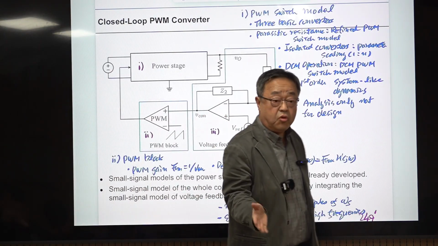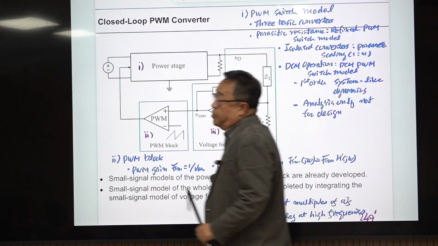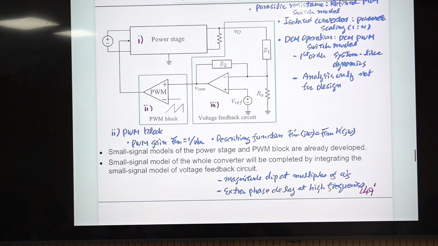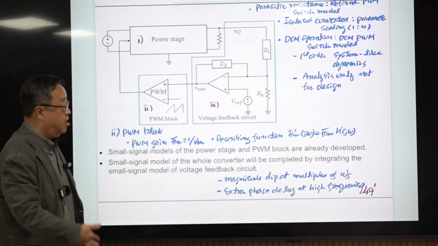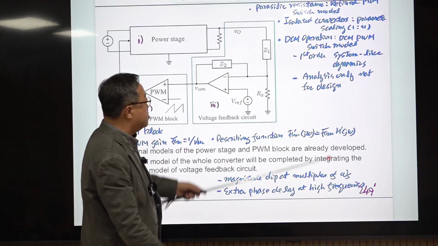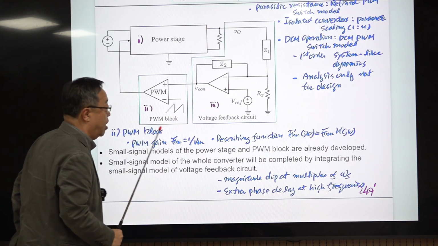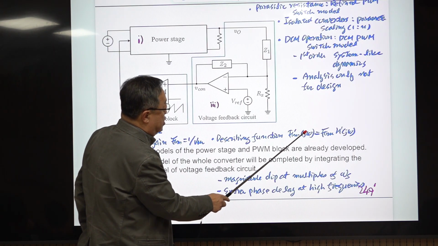This might be good for low frequencies well below the switching frequency of the converter. So for the exact prediction of high frequency behavior, we need to use the describing function method. We didn't go into the details about this. I just cited the result. So this is the describing function of the PWM modulator, FM prime of j omega.